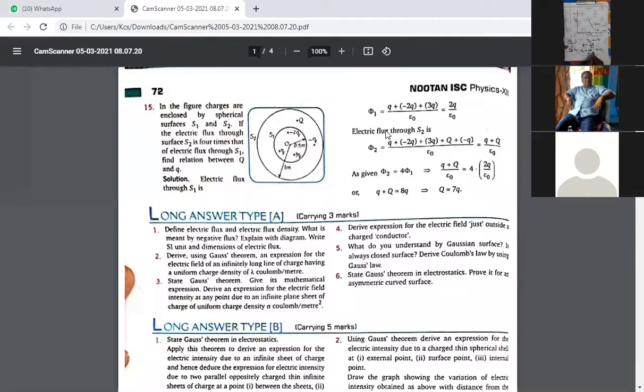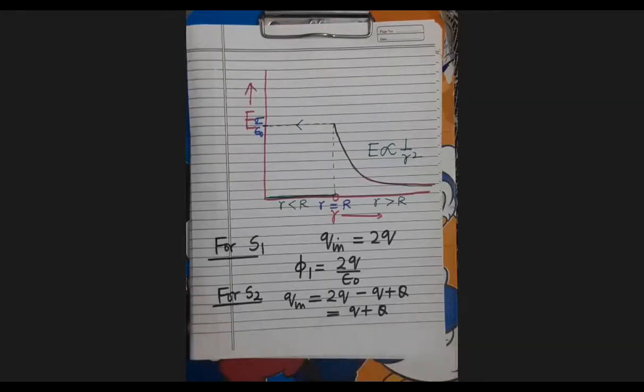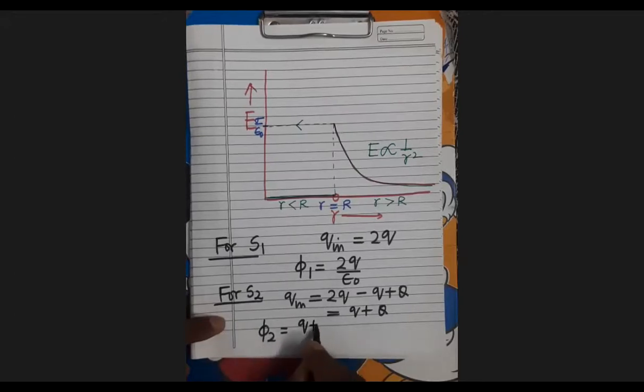That is equal to q plus capital Q. So what will be phi 2 here? Small q upon epsilon naught.